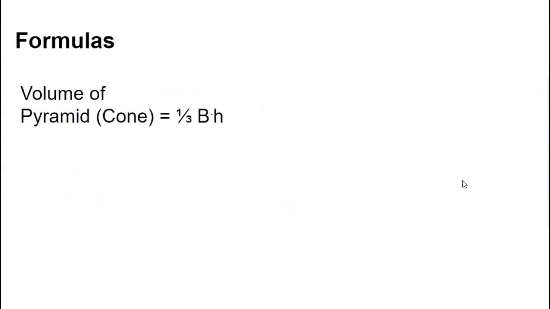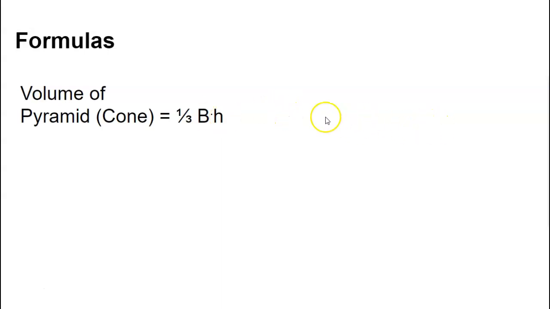So let's discuss some formulas. When we're doing the volume of a pyramid or a cone, just like cylinders and prisms, they can use the same volume formula. What it's really based on is the area of that base. If that base is a polygon, you need to find the area of that base. If it's a circle, you need to find the area of that base.